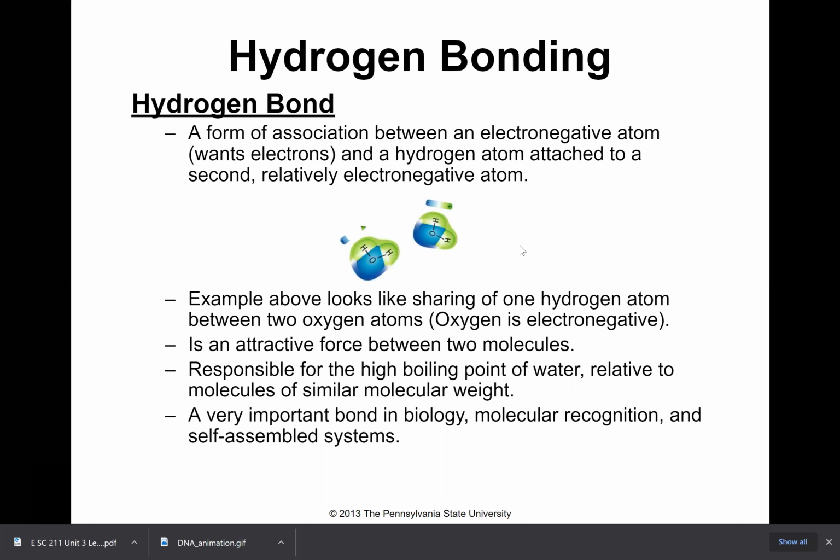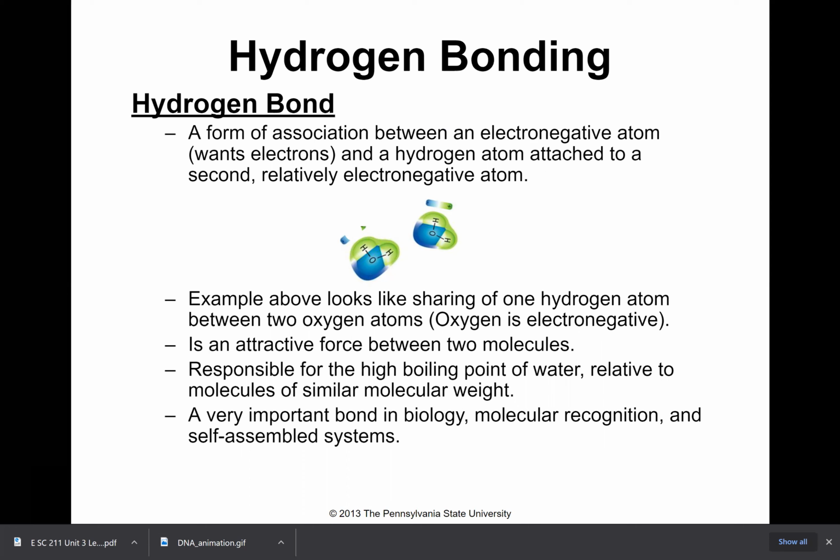It's the strongest of the attractive forces between molecules, and it's responsible for the high boiling point of water compared to other molecules of similar size and molecular weight. It's a very important bond in biology.